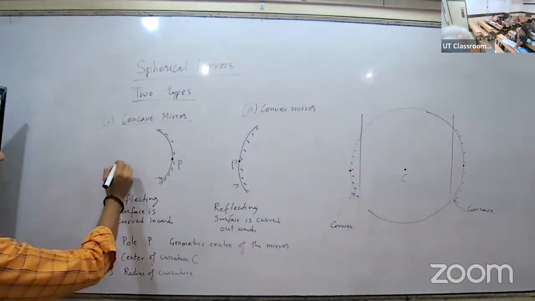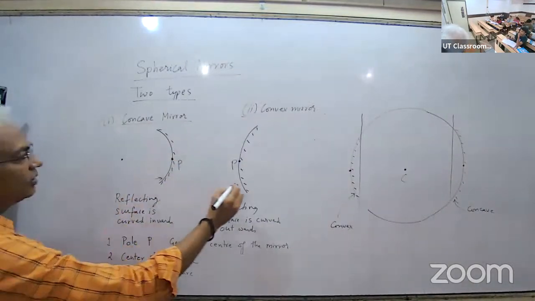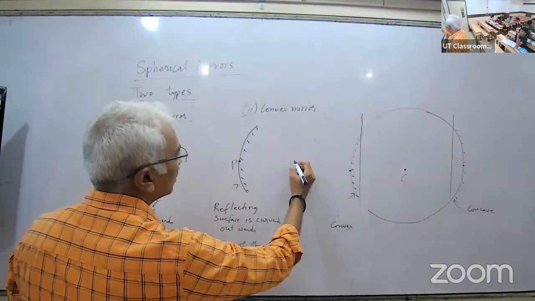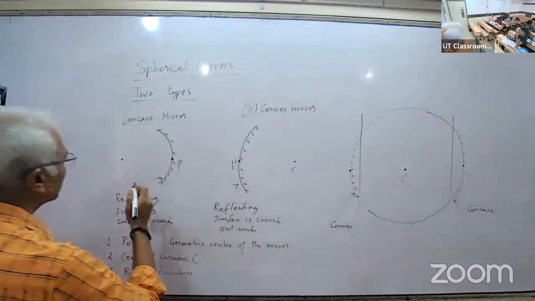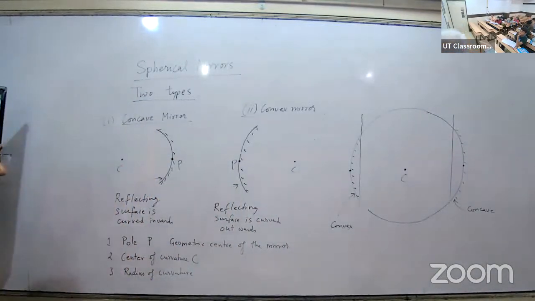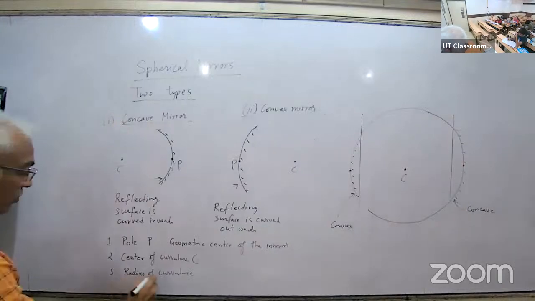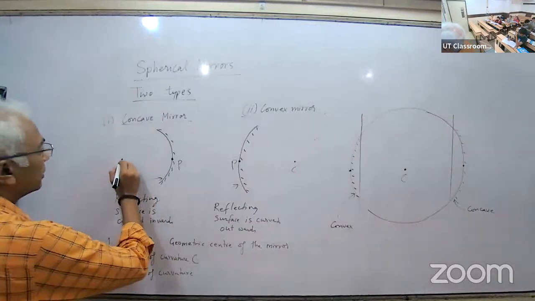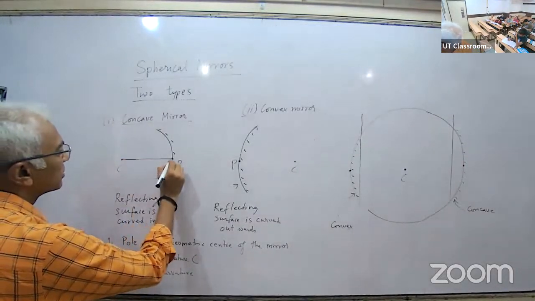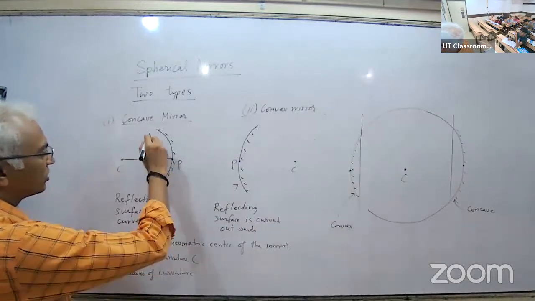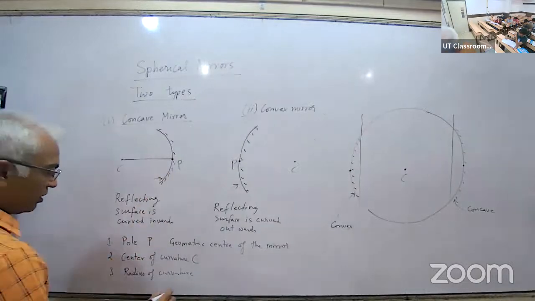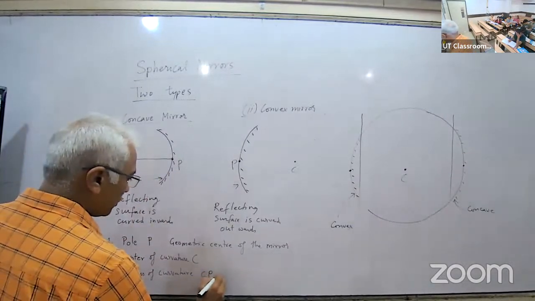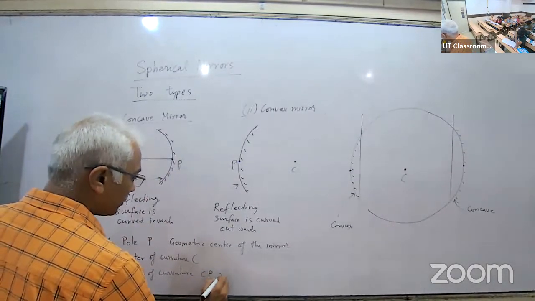For every mirror, you will have a point C. Now what is radius of curvature? It is the radius of the sphere from which the mirror is cut. So this distance CP is called radius of curvature. Is it clear?